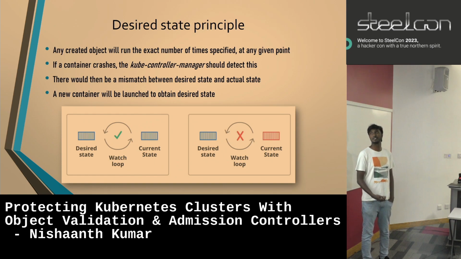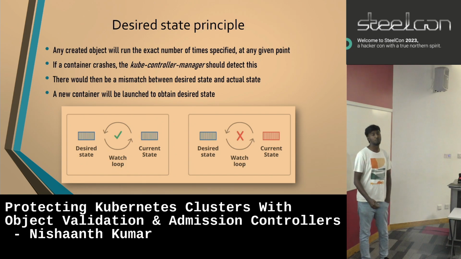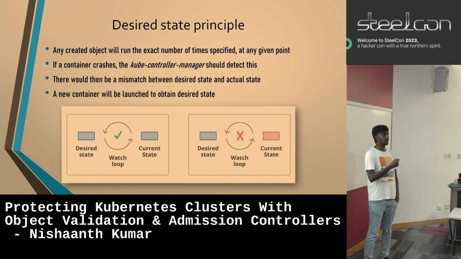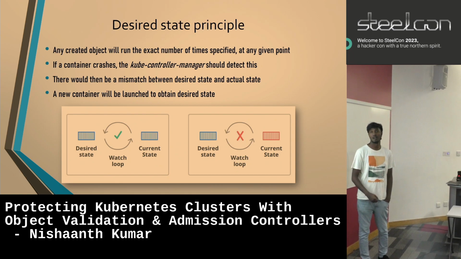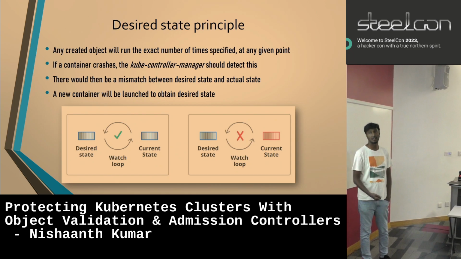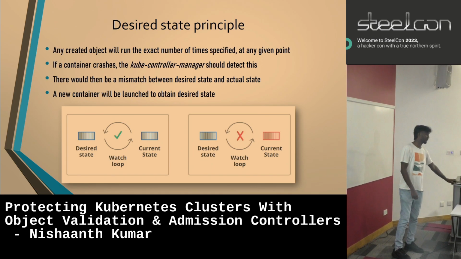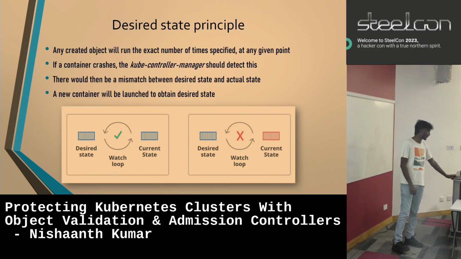So this is basically the desired state principle. When we build a cluster or a specific pod or a specific service, you can just say that this is my desired state in terms of replicas, or you can configure it in the parameters. You can just say that I need 5 pods, and it will always make sure that the pods are running.